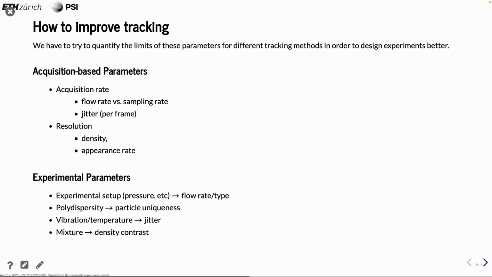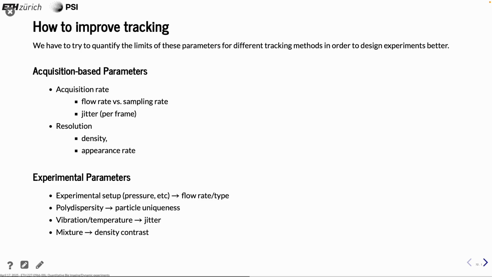So how can you improve? One is at acquisition time, and the other one is experiment parameters. One is the acquisition rate, so how often you make your images, and the jitter is something that in this case would be, for example, that your camera is not very stable, you have vibrations in the system.